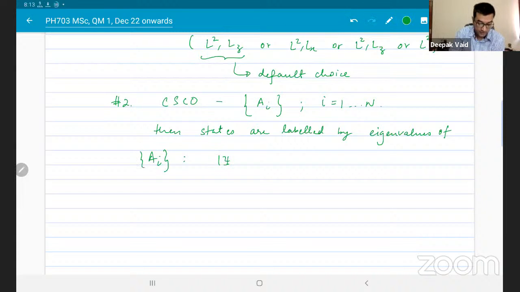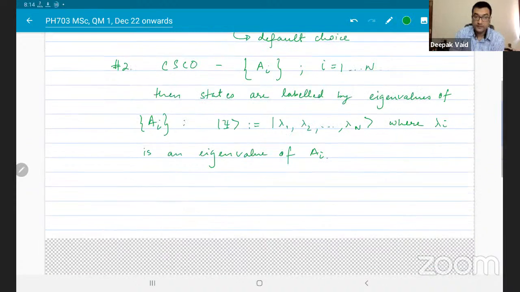So for instance, if you have a state, you would write it with some labels, right? What would be those labels? Lambda 1, lambda 2, lambda n, where lambda i is an eigenvalue of the operator Ai.